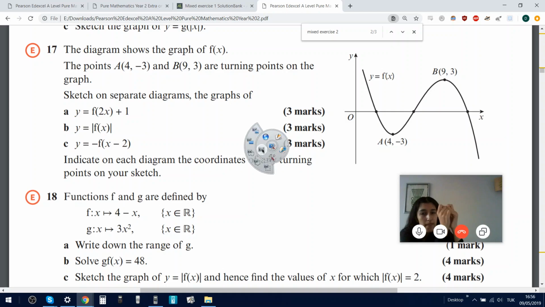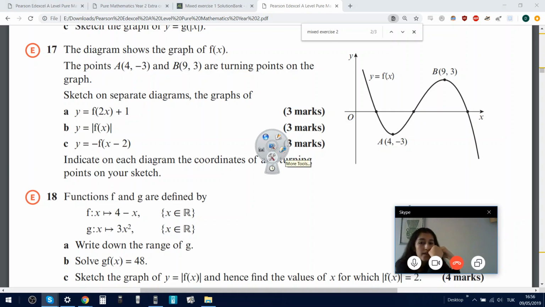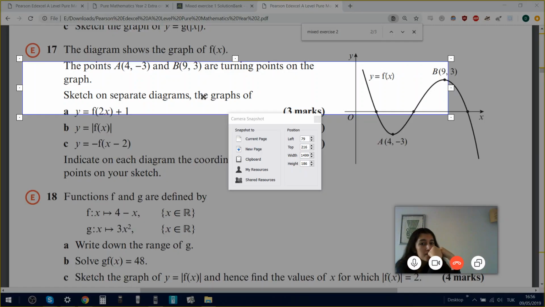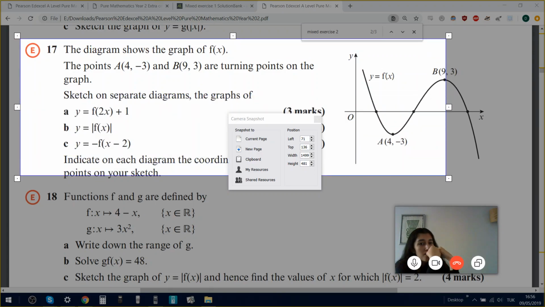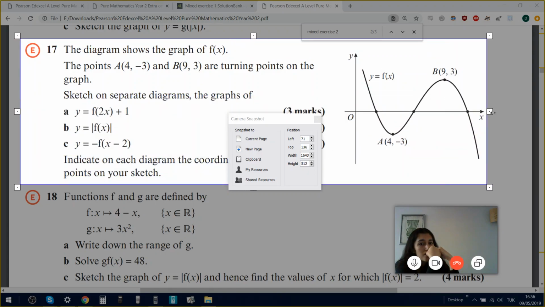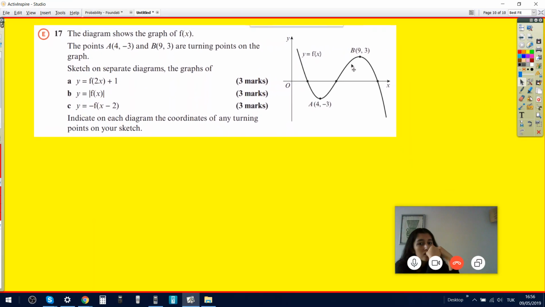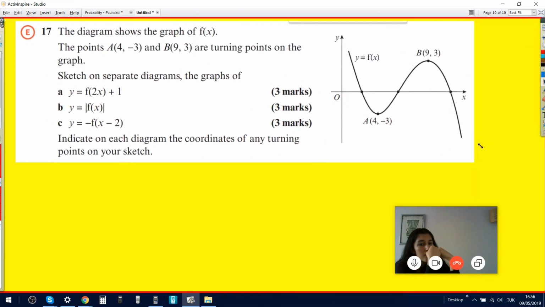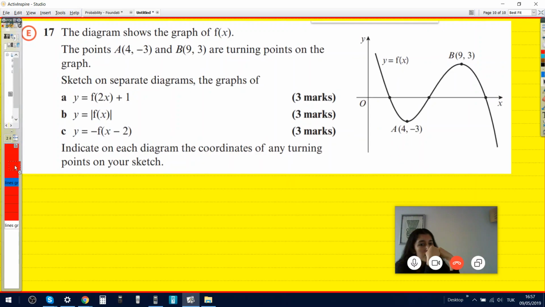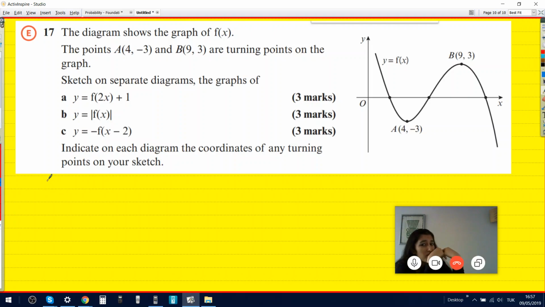So x was 4, so now it's 8. Hold the phone. X was equal to 4, now 2x is equal to 4. Right, because f of x became f of 2x.